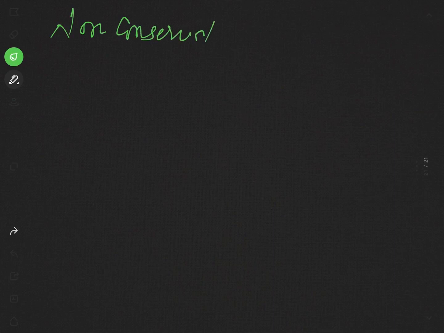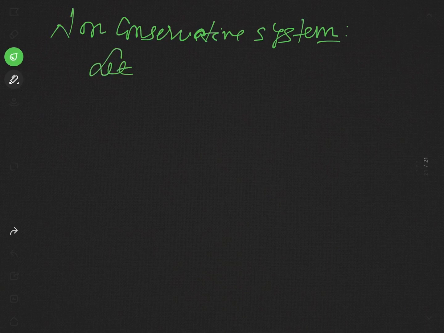Now we will write the Lagrange equation for a system which is non-conservative, or you may say when the system is acted upon by both conservative and non-conservative forces. Non-conservative system. We consider a system on which both conservative and non-conservative forces act.